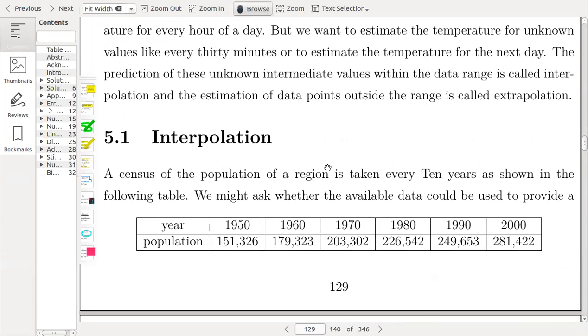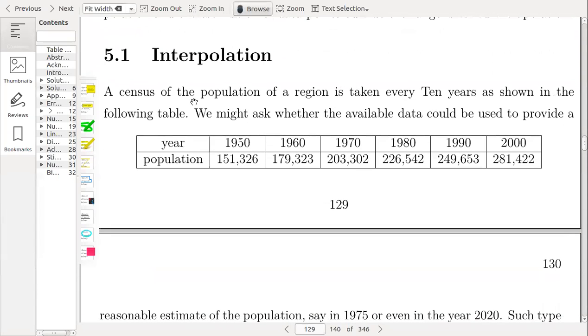Another way to understand interpolation is that a census of the population of a region is taken every 10 years as shown in the following table. So a census has taken place after every 10 years and the data has been collected in the form of this table.